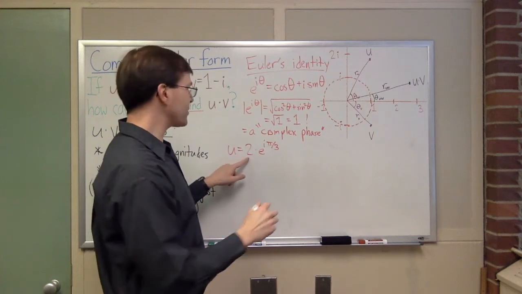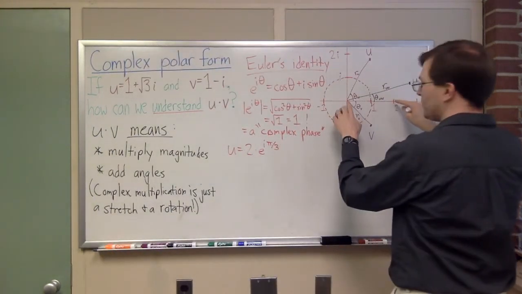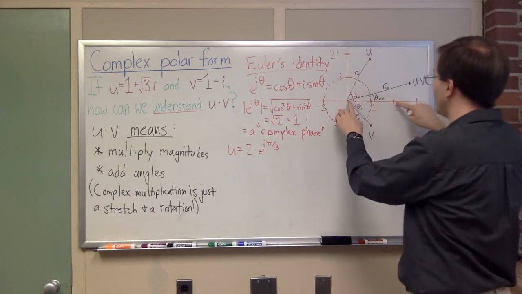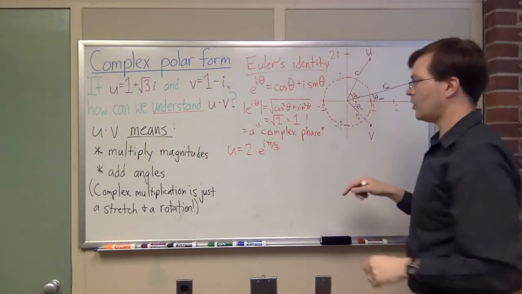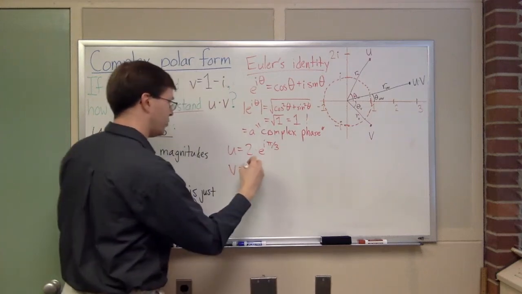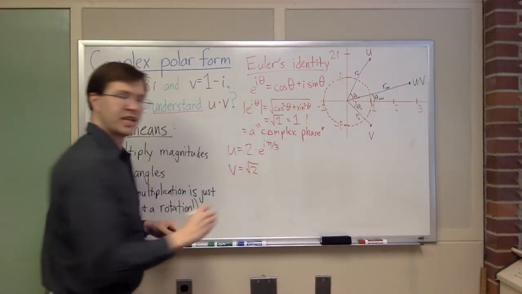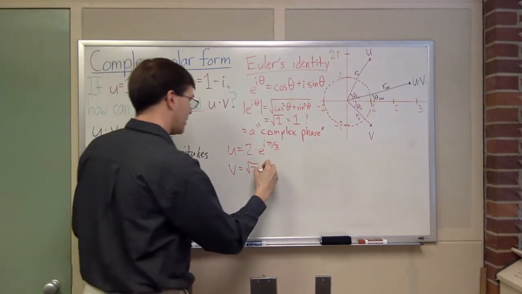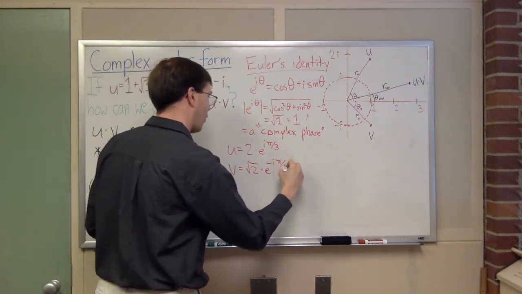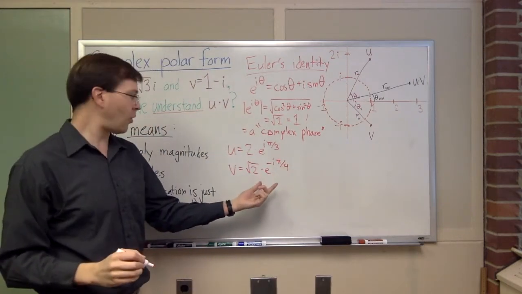Because I start with something of length 2, and by multiplying by e to the i pi over 3, I just rotate by that angle, right? I get there. Or I could say that v is equal to square root of 2, that was v's magnitude, remember, times e to the minus i pi over 4, because its angle was minus pi over 4.